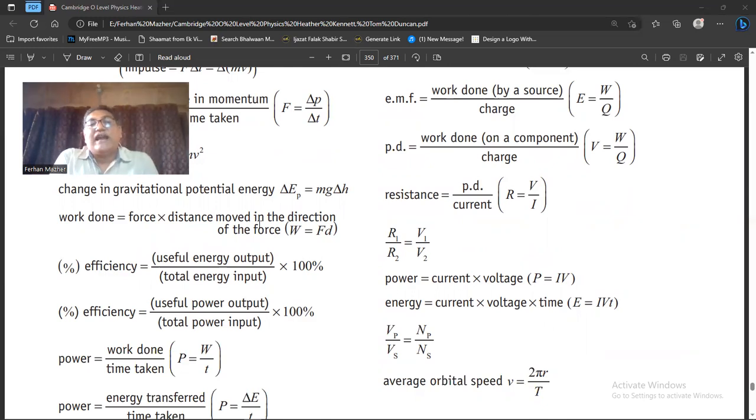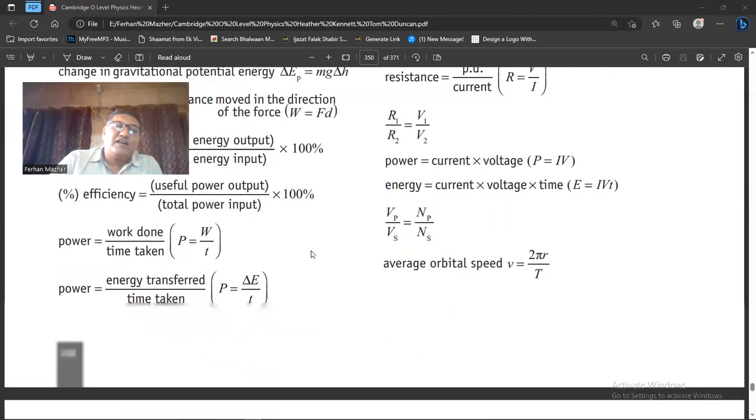E equals IVT. Here I is in ampere, V is in volt, and time is measured in seconds, then the energy will be in joules. Another formula for energy is power multiplied by time. If you take the power in kilowatts and time in hours, then the energy will be in kilowatt hours.